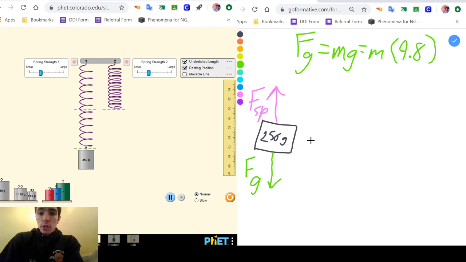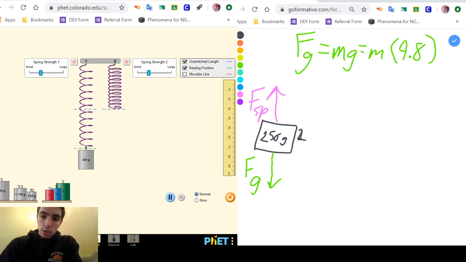And so we actually know everything we need to figure out what this force of gravity is. But before we actually do that, I'm going to convert this 250 gram mass into kilograms, because in order for our forces to come out to newtons, which is the standard SI unit for force, we need to get these grams into kilograms. A newton is technically a kilogram meter per second squared.